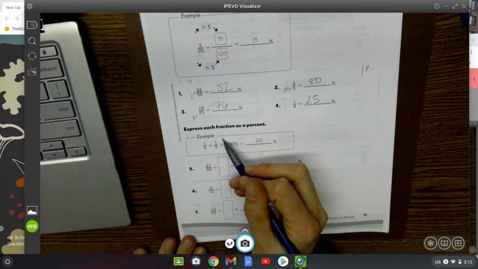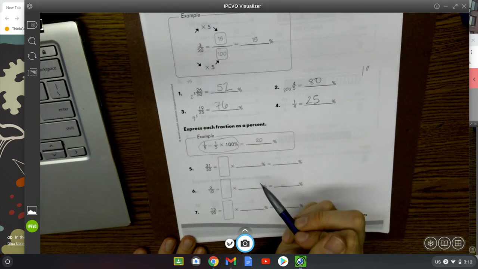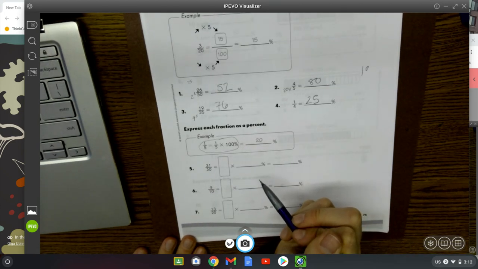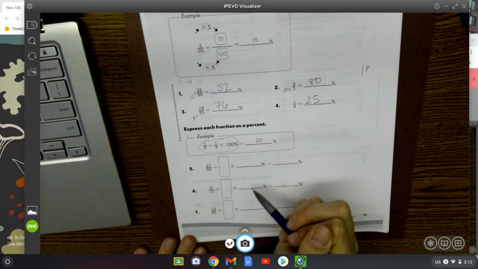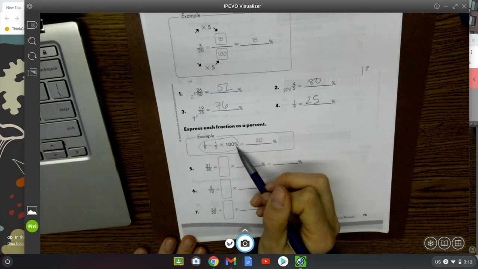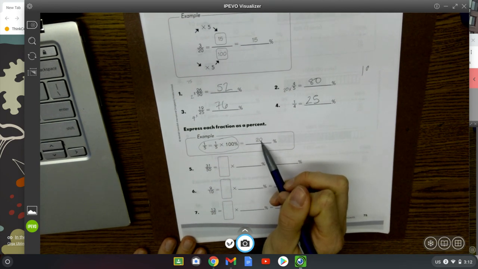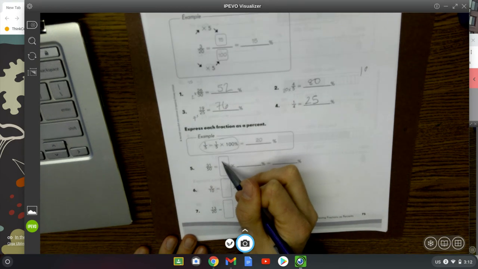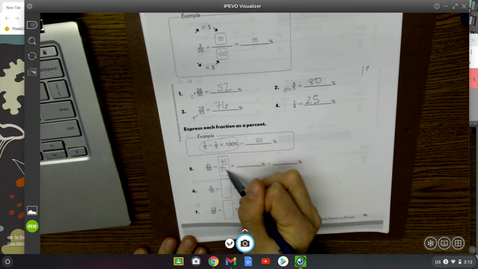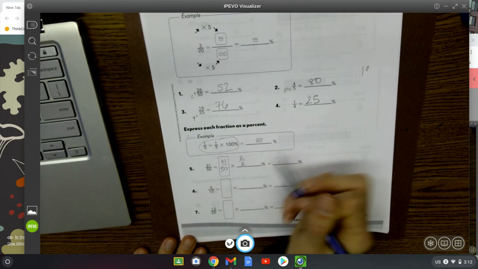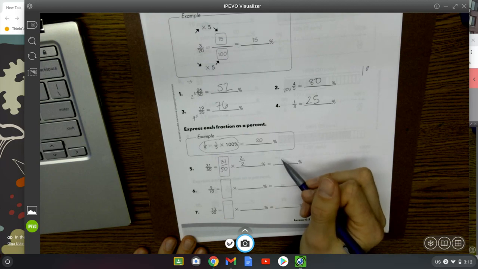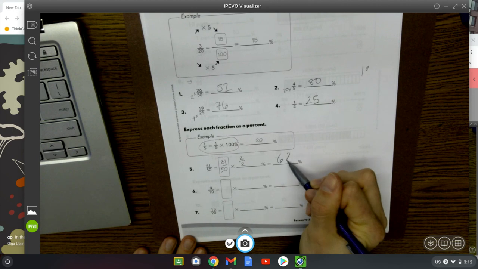All right, now we're going to express each fraction as a percent again. So here, I don't love how that is set up. 1/5 times 100% equals 20%. So I'm just going to do 31/50 times 2 over 2 equals 62%.